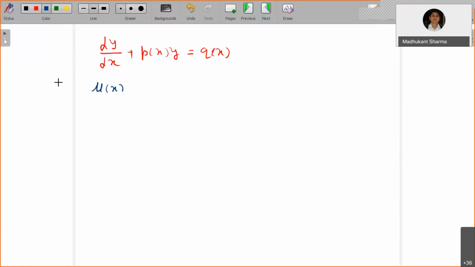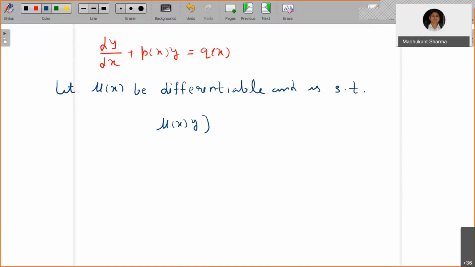So let mu of x be differentiable, and such that the derivative of mu of x times y is equal to mu of x times y dash plus p of x y.